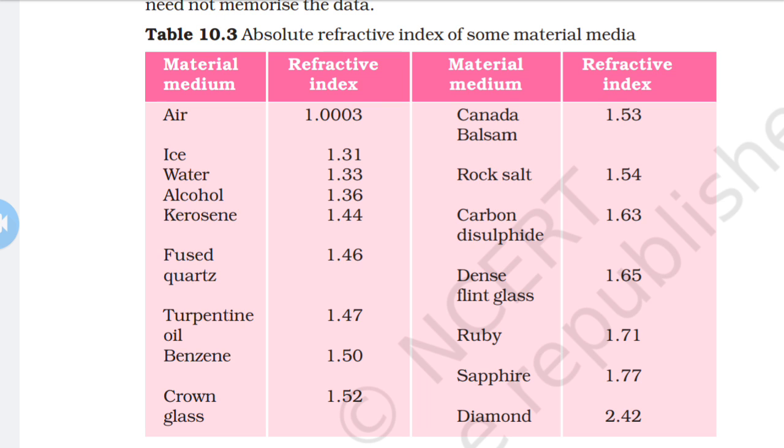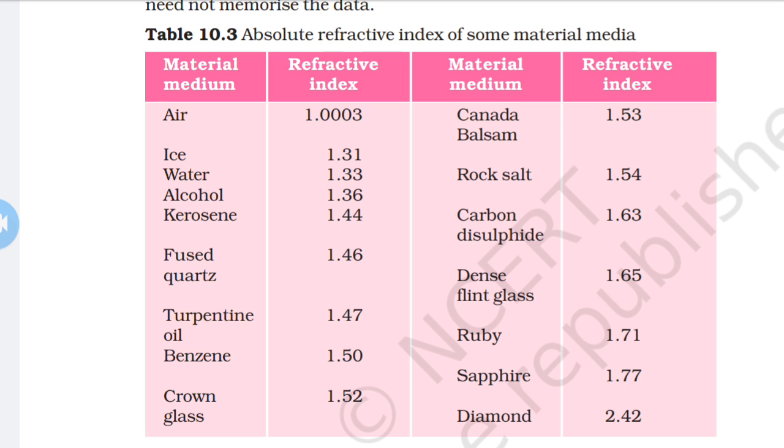Canada balsam, which is a type of yellowish resin used in microscope slides, refractive index 1.53, rock salt 1.54, carbon disulfide 1.63, dense flint glass 1.65, ruby 1.71, sapphire 1.77, and diamond 2.42.